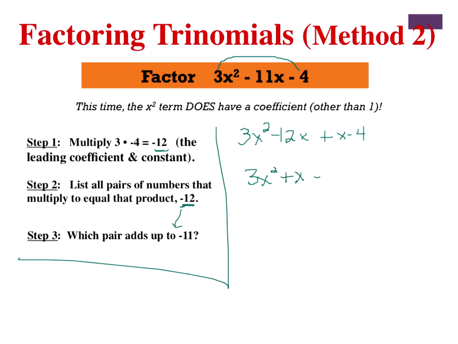Now, does it matter if I would write this as 3x squared plus x minus 12x minus 4? Does it matter what order I write those middle two terms?